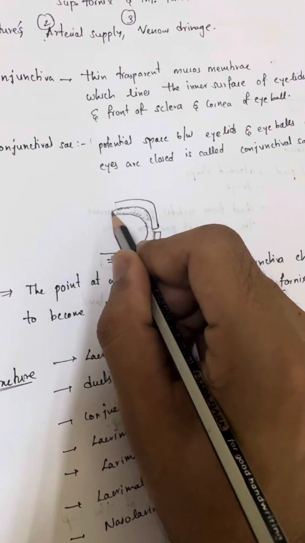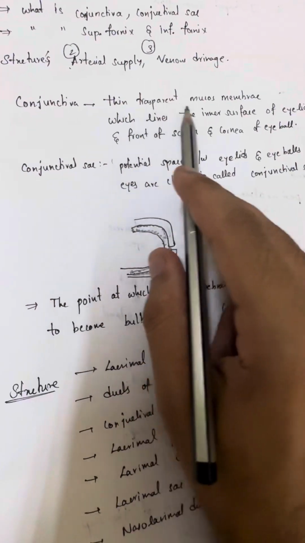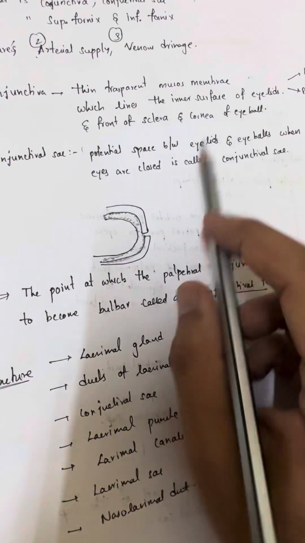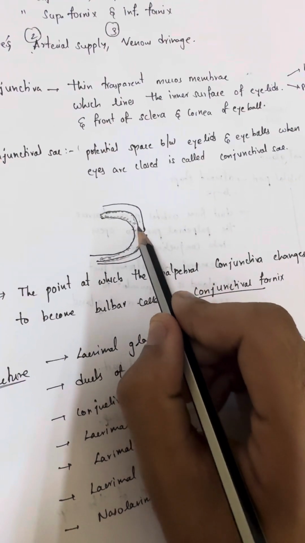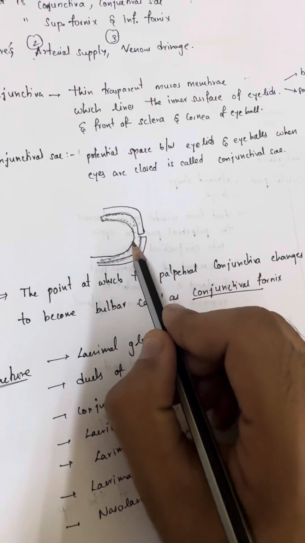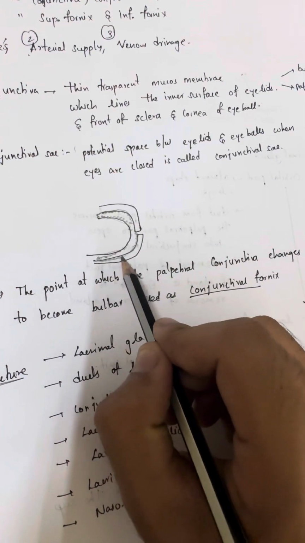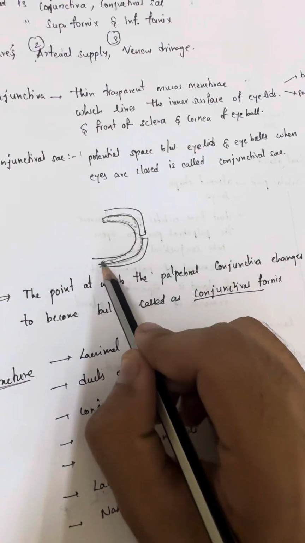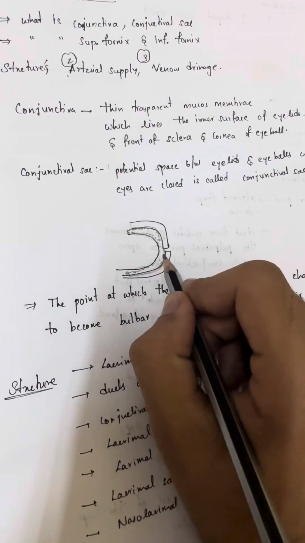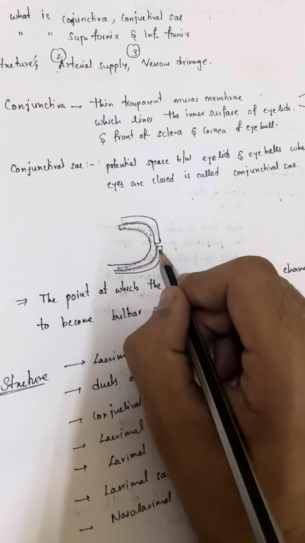So this is the conjunctiva: the thin transparent mucous membrane which lines the inner surface of the eyelid and the front of the sclera and cornea of the eyeball. And the space between this is the conjunctival space when we close.